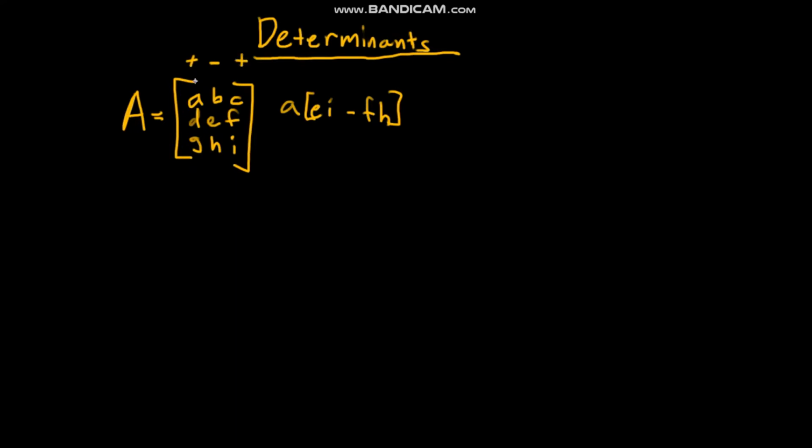So that was a positive A. Then we're going to have a negative B times, we block out the first row and second column now, so it'll be B times DI minus FG. And then the last part will have a positive C times DH minus EG.